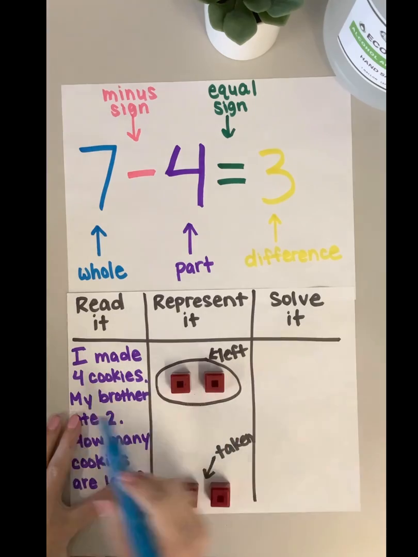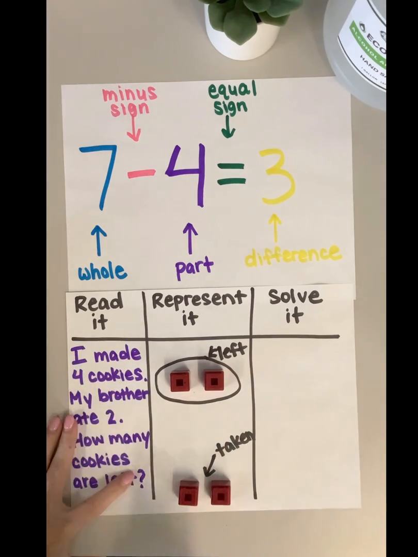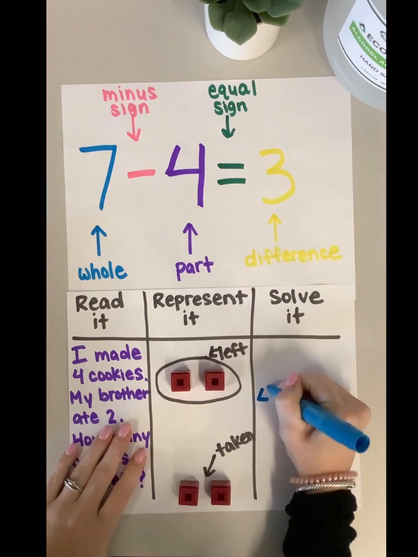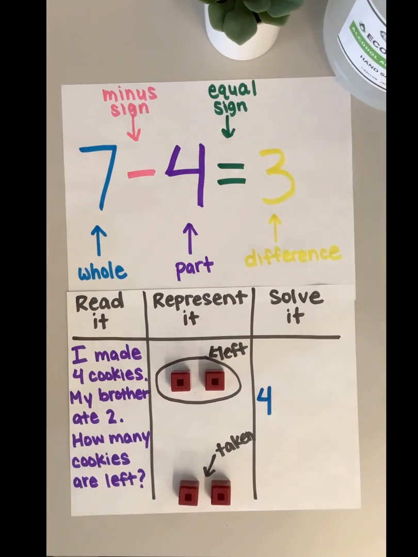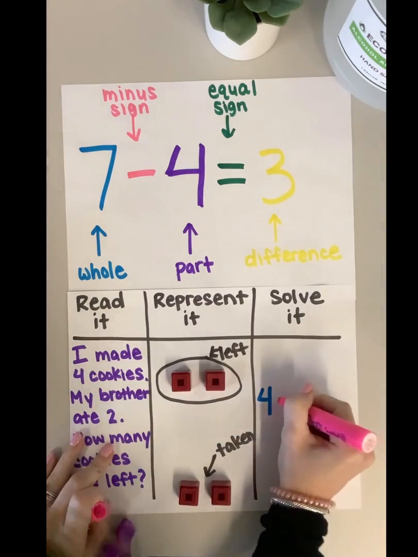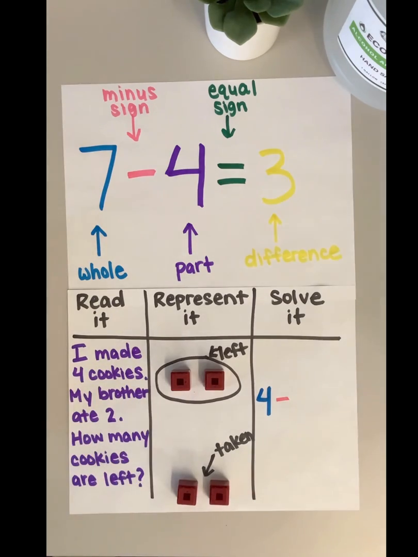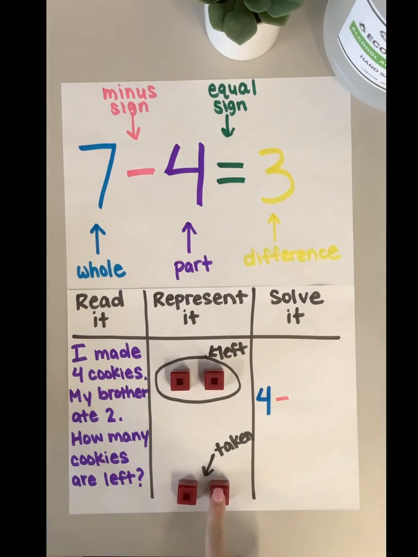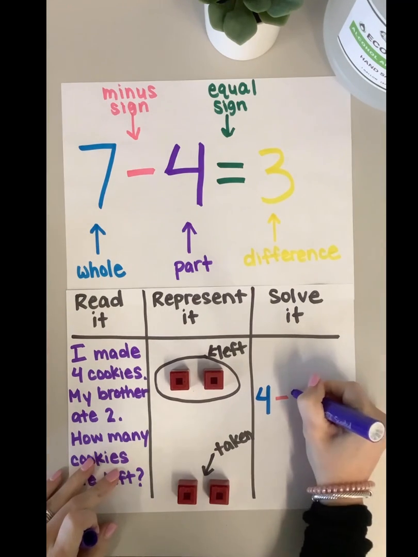My whole of this problem is 4 cookies because that's how many cookies I started out with. So 4, I know I'm subtracting, minus, and the part is the amount that were taken away. My brother took away 2.